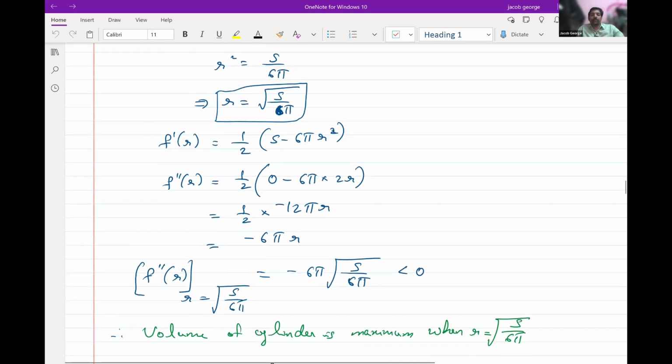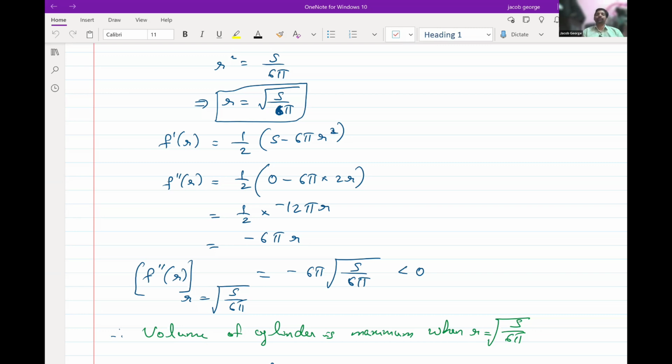So then we substitute f double dash r at r is equal to root of s by 6 pi, which is minus 6 pi into root of s by 6 pi, that is clearly negative, less than 0.